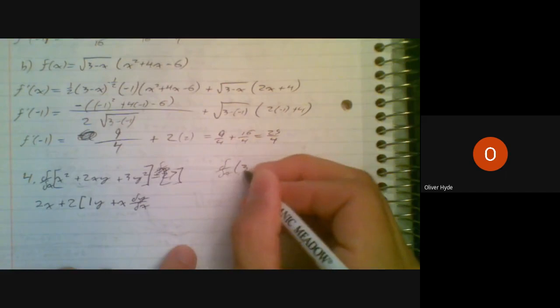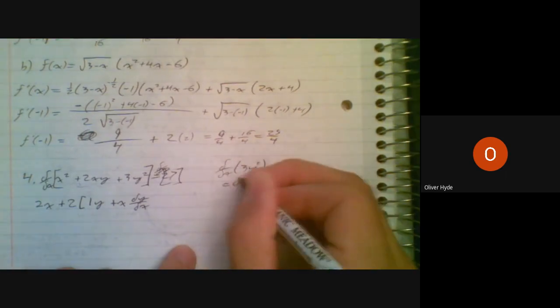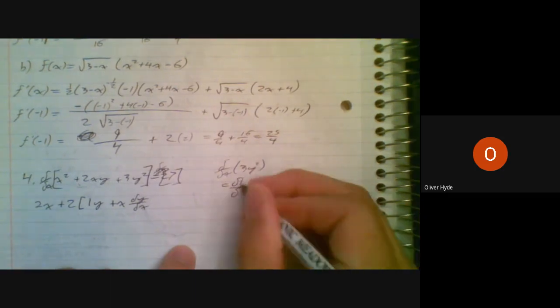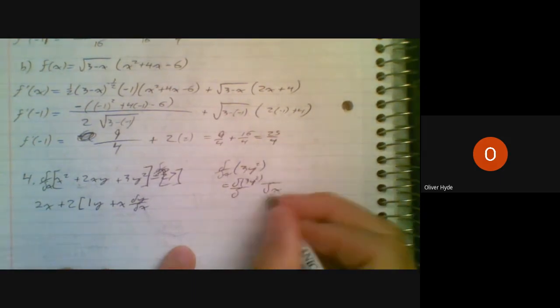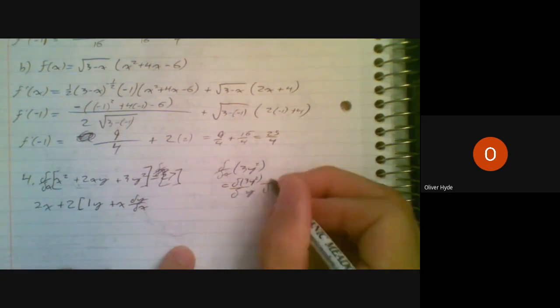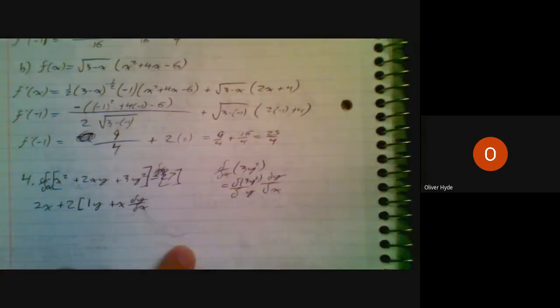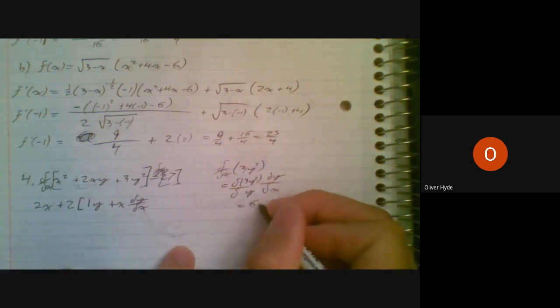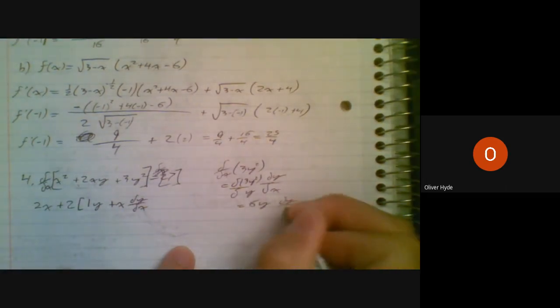If you want a review of a bit of chain rule here, we're saying the derivative with respect to x of 3y squared is the derivative with respect to, here, let's set up our chain. 3y squared, I need a variable to link 3y squared to x. Let's use y. And then the derivative of 3y squared with respect to y is 6y dy by dx.